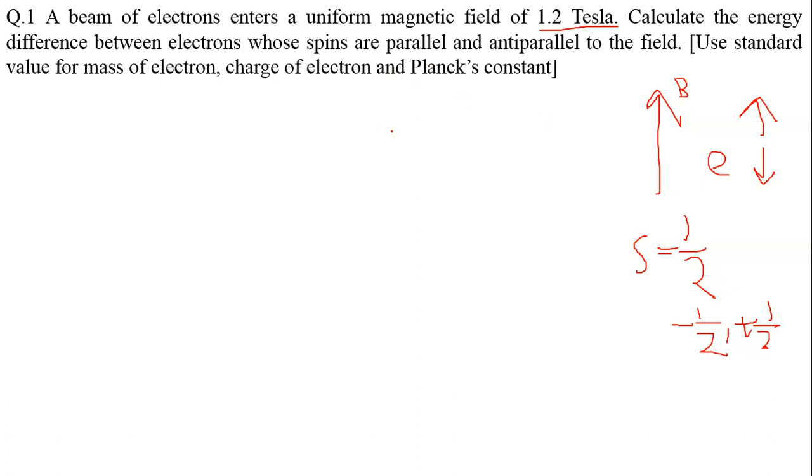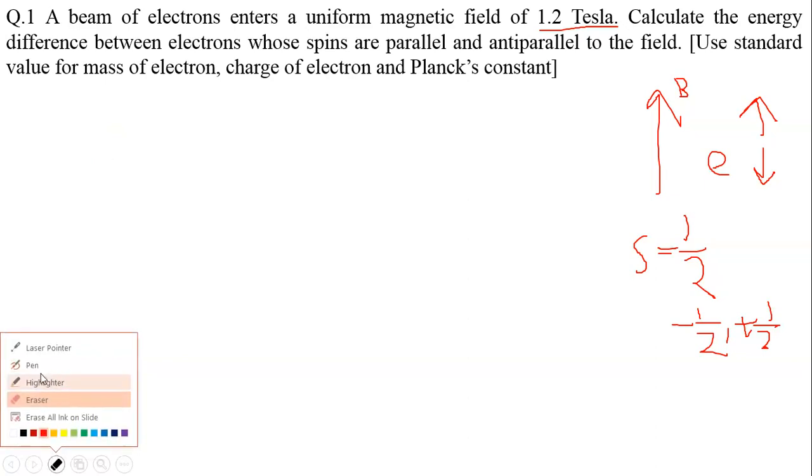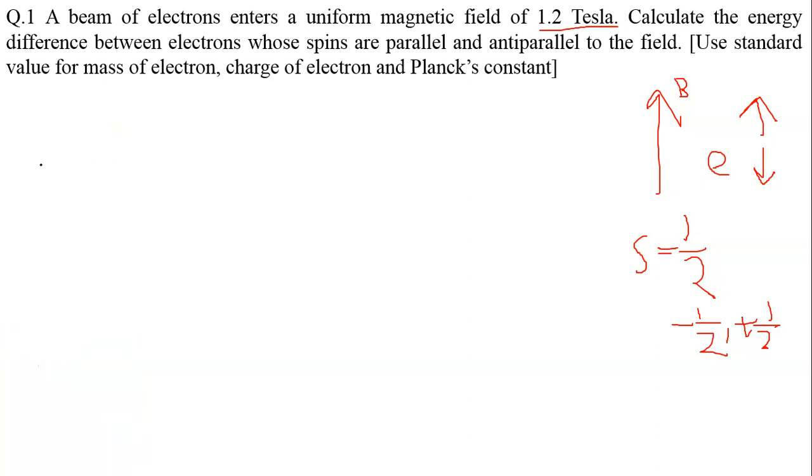So basically, the intrinsic spin angular momentum of the electron is given by the s vector. As I discussed, mu s by s is e by m, because for spin gs is equal to 2.